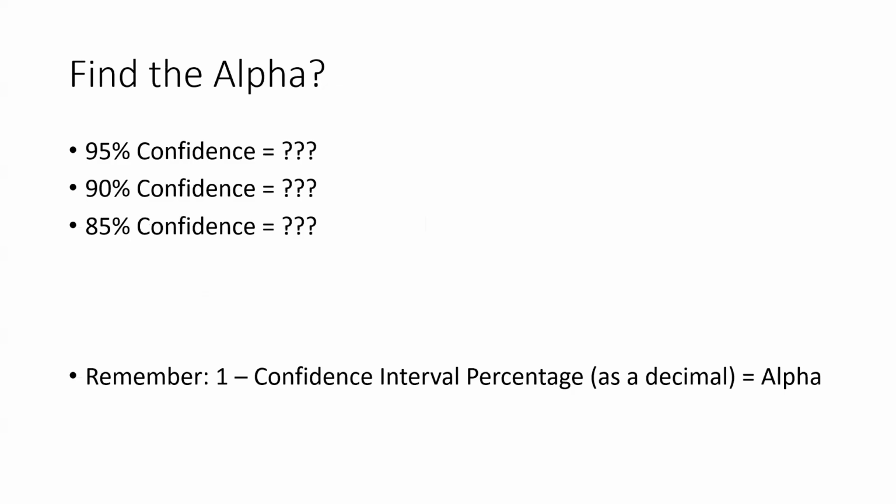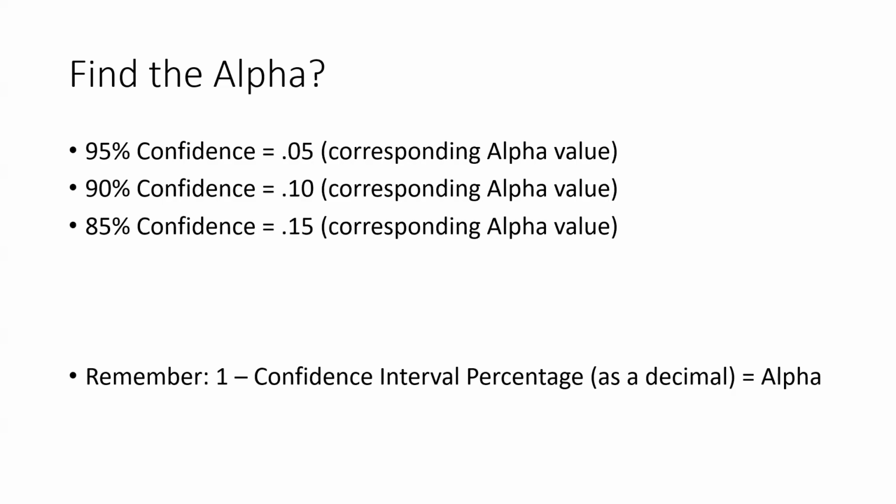On this slide, we talk about confidence. So remember, alpha is going to be 1 minus the confidence interval percentage as a decimal. So what is the corresponding alpha value in each instance above? Well, if we're speaking with 95% confidence interval, that would mean our alpha value would be 0.05 because it would be 1 minus 0.95.